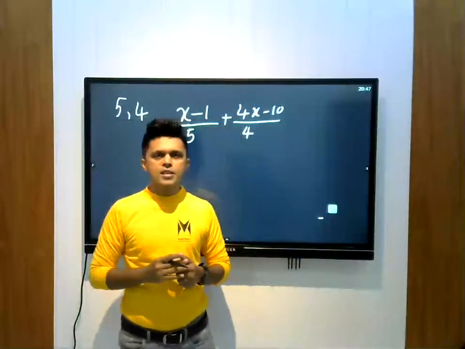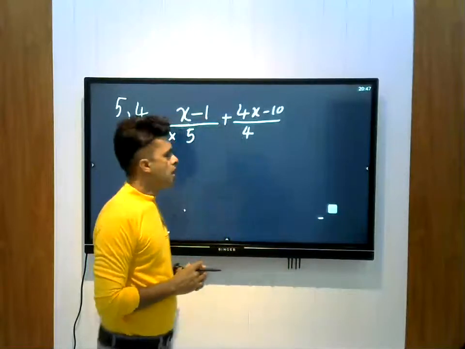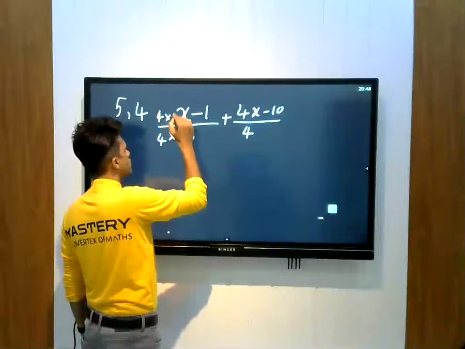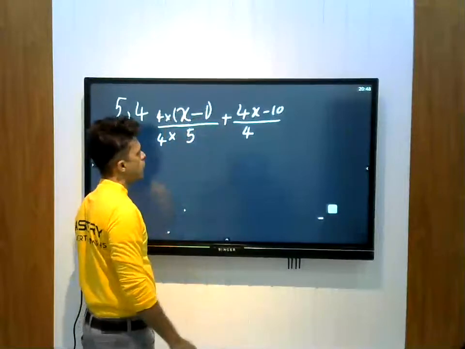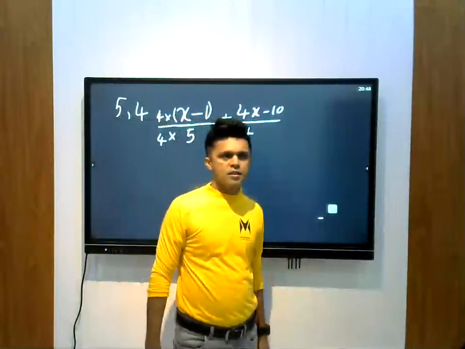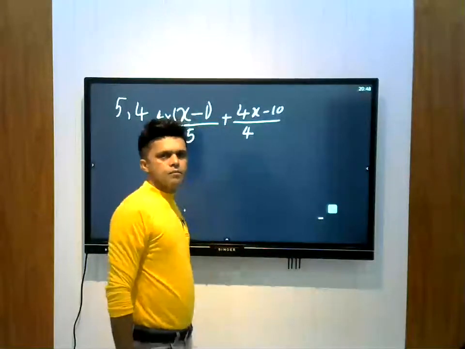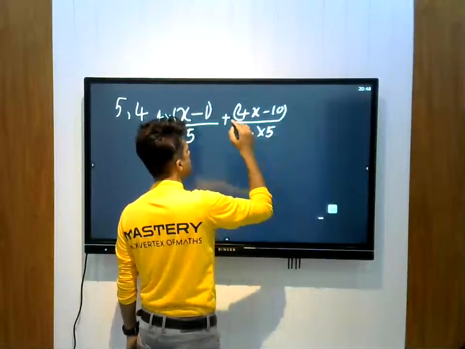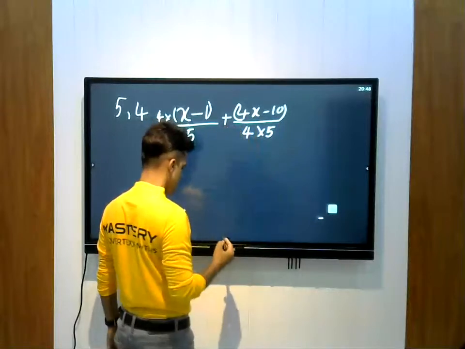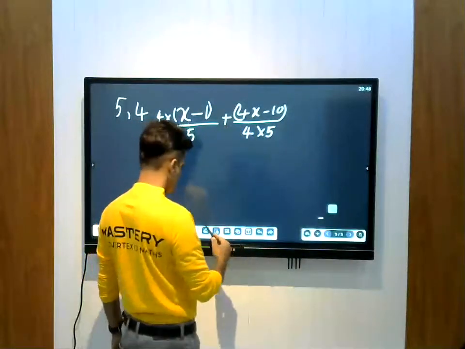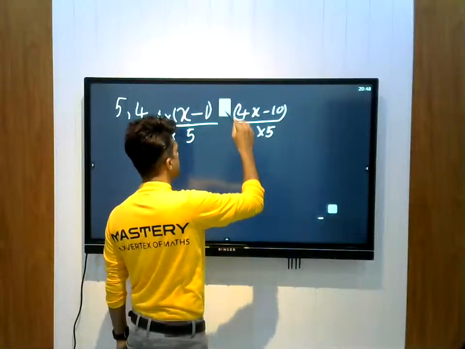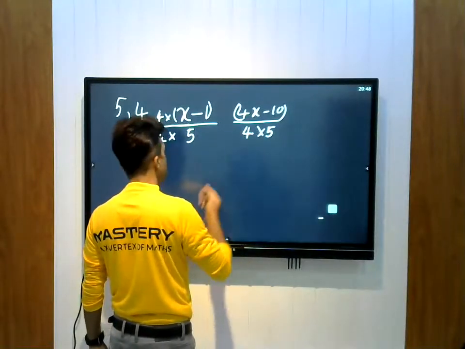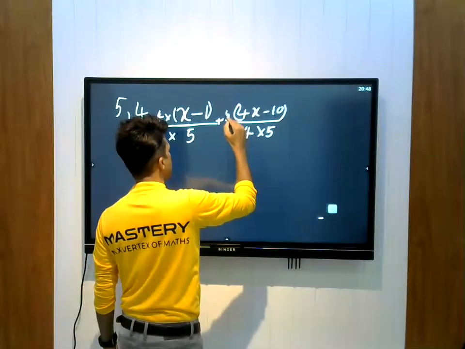So that I can get 20, I multiply the denominator by 4 and the numerator also by 4. And when it comes to this one, both sides can be multiplied by 5, here and here by 5.